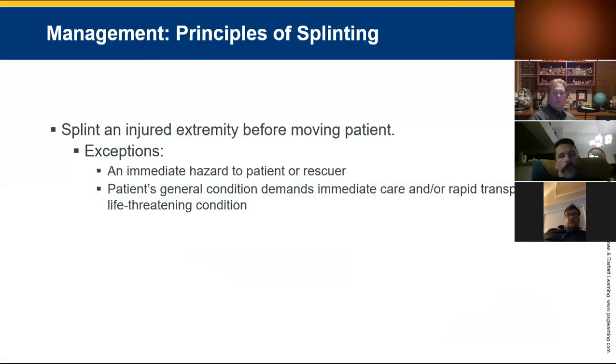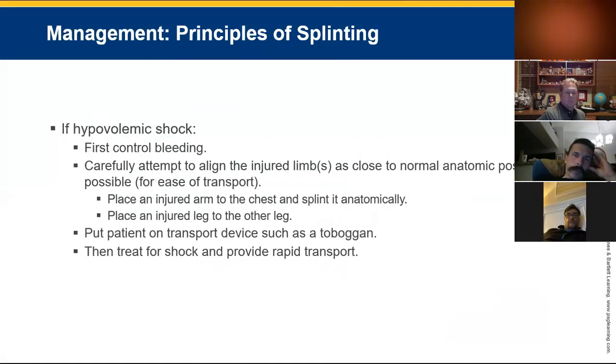So principles of splinting is just immobilizing that area of injury. It should be common sense. You want to make sure we control the bleeding. You want to be careful to align the injury. You want to align it as best as possible, and as far as what the patient's going to tolerate.